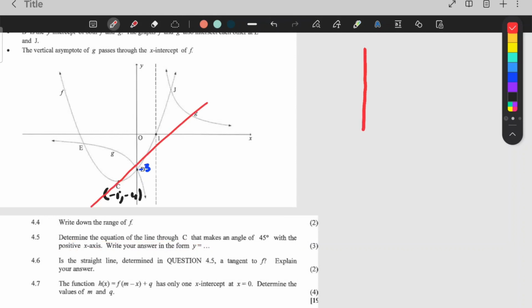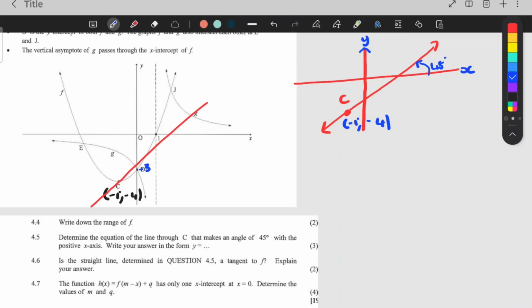So let's make an example here. C is over here, then the line is going that way. You see this angle is 45 degrees. This is the x-axis. C is negative 1 and negative 4. They want the equation of this line.